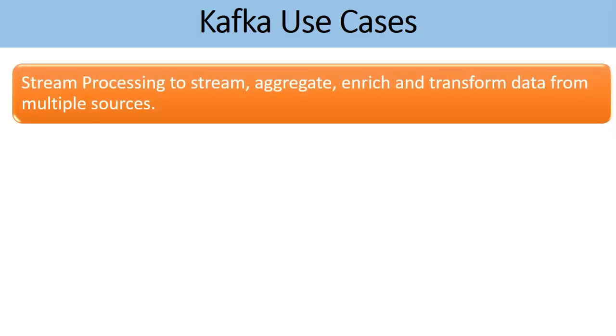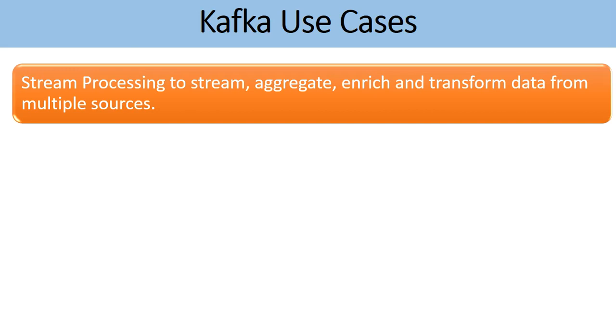So the first use case where Kafka can play an important role is stream processing. Stream processing to stream, aggregate, enrich, and transform data from multiple sources. Let's suppose we have a scenario where we have multiple sources of events which are going to stream the events, and we want to make sure that we not only receive those events but also aggregate the data according to our requirement.